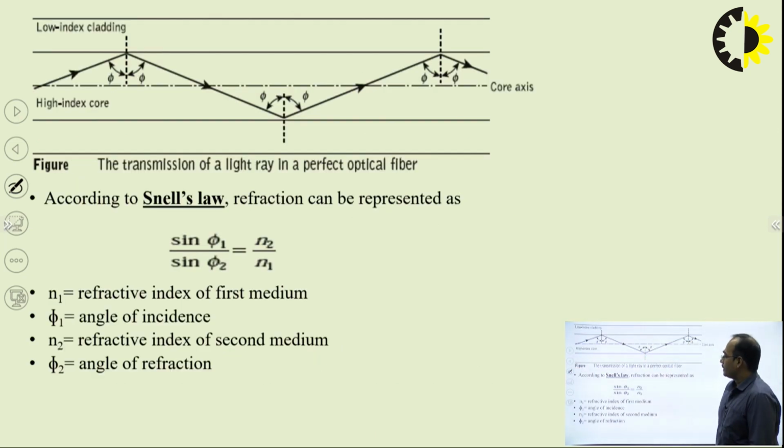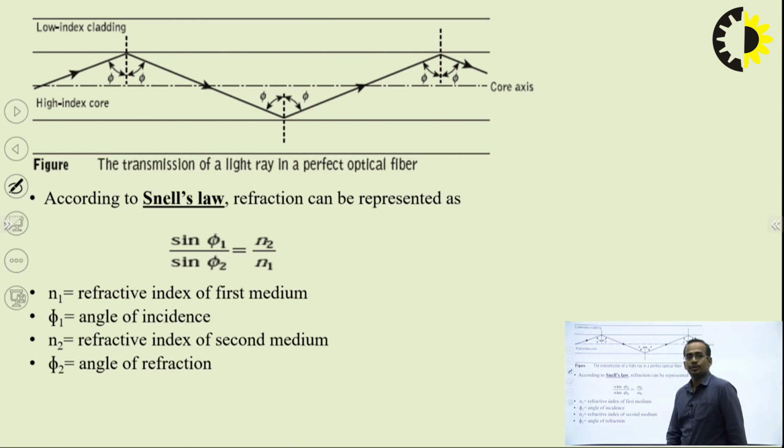You can see here, this is Snell's law. This is the optical fiber, in which I have already told you that the refractive index of the core is greater than the refractive index of the cladding. So, here you can see what will happen.